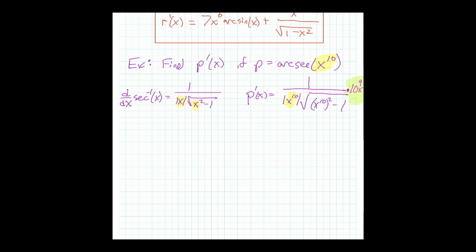So if you want to simplify this, p prime of x is, on top, you have 10x to the 9th. On the bottom, we've got square root of x to the 10 squared, which is x to the 20, minus 1. You've got x to the 10 in an absolute value.